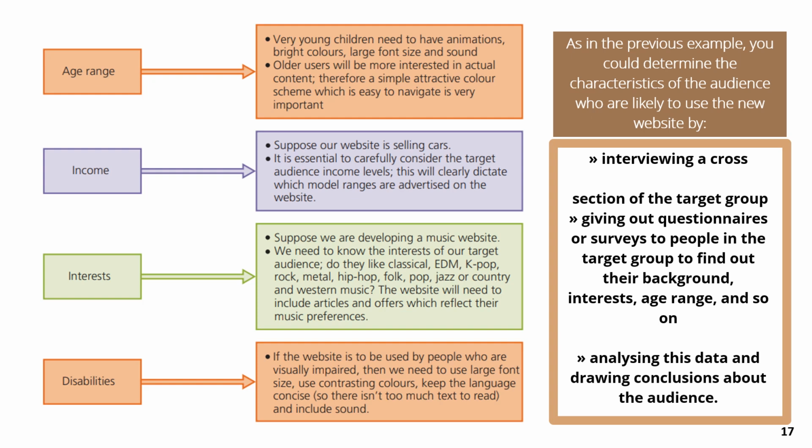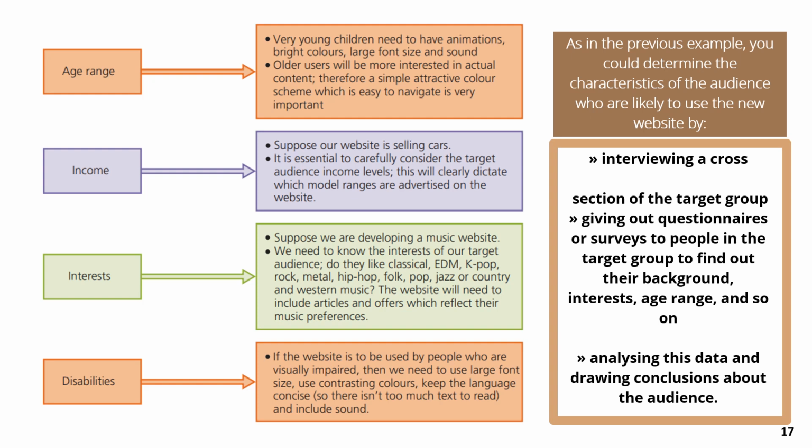And for income, suppose our website is selling cars, because you're presenting to an audience about the new website you want to develop. It is essential to carefully consider the target audience's income level. This will clearly dictate which model ranges are advertised on the website.